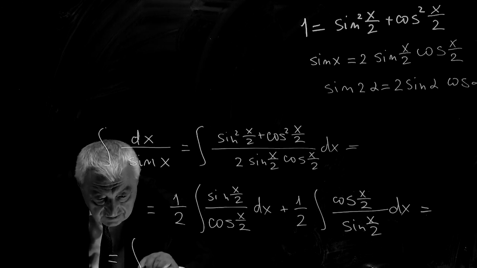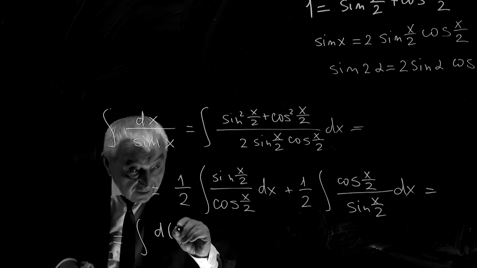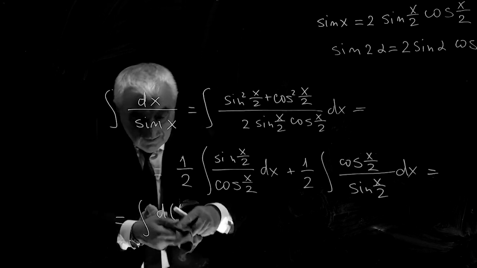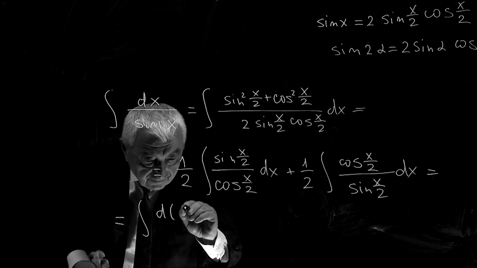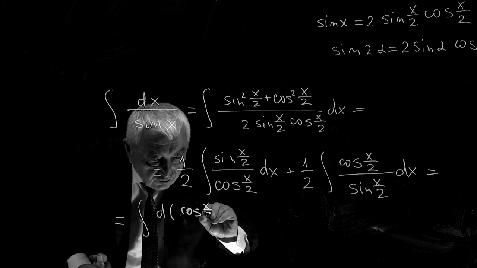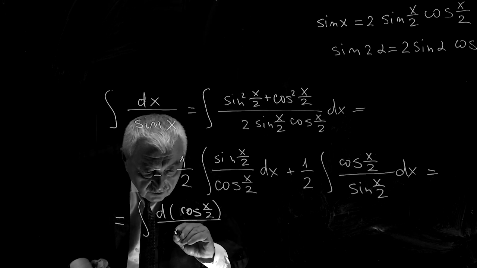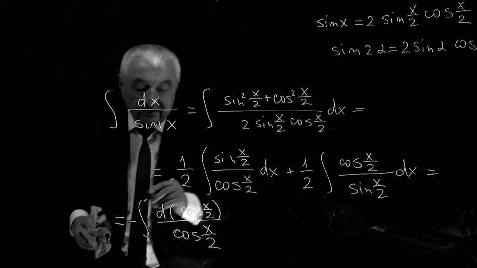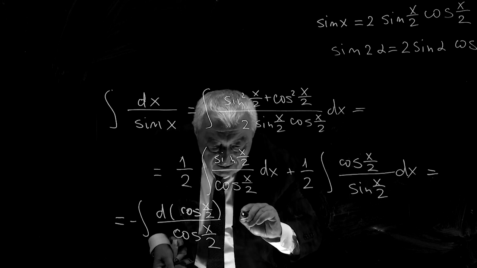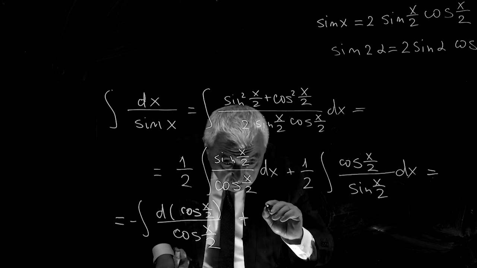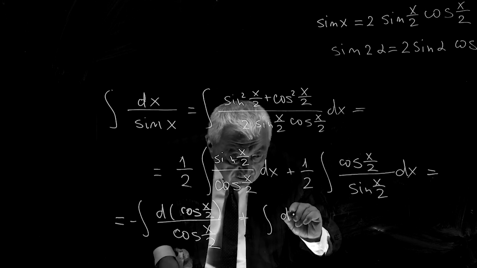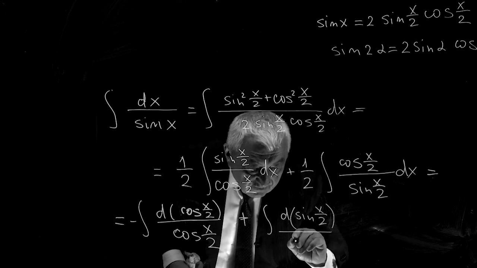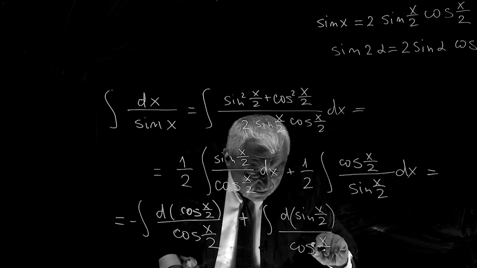It means the integral of the differential of cosine x divided by 2, divided by cosine x divided by 2, with minus, plus the integral of 1 divided by 2, plus the integral of d sine x divided by 2 divided by sine x divided by 2.